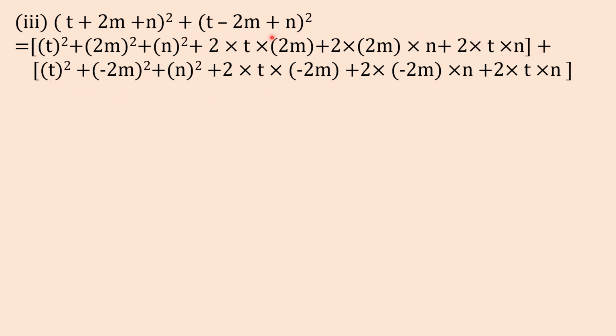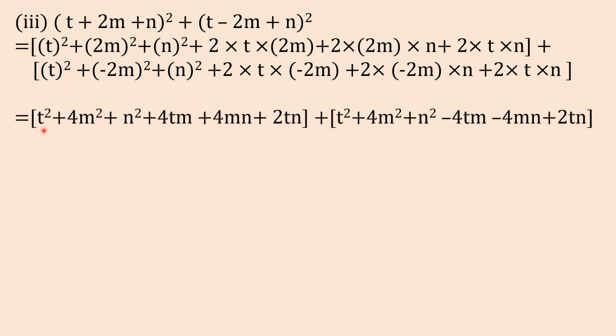Now the second part we will solve. So it will become t square plus (minus 2m) the whole square plus n square plus 2 into ab, so we'll write down 2 into t into minus 2m, plus 2bc, so 2 into minus 2m into n, plus 2 into ac, so we'll write down 2 into t into n. Now further let's solve this.